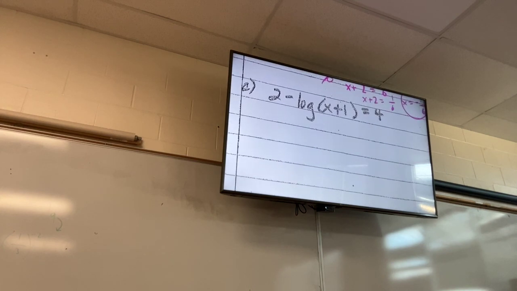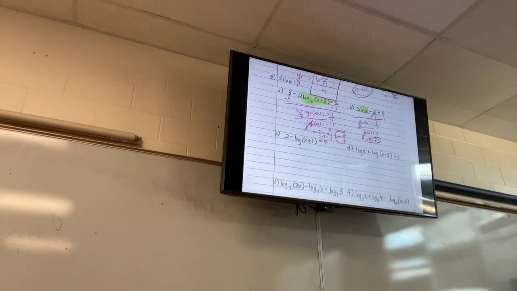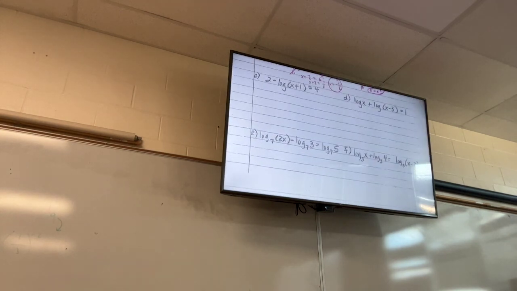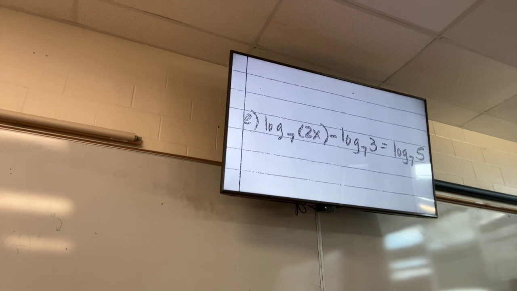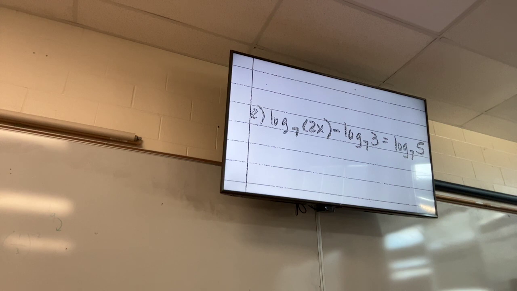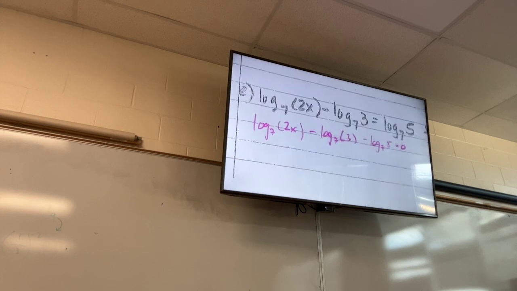Let me do one of these harder ones. I'm going to have you do the homework for next time, so let me do a harder one. Here's a good one. We want to combine everything into a single logarithm, so I'm going to get all my logs on the same side of the equal sign. Let's combine these using the division rule.